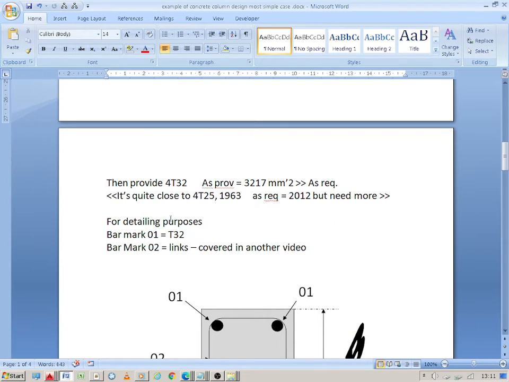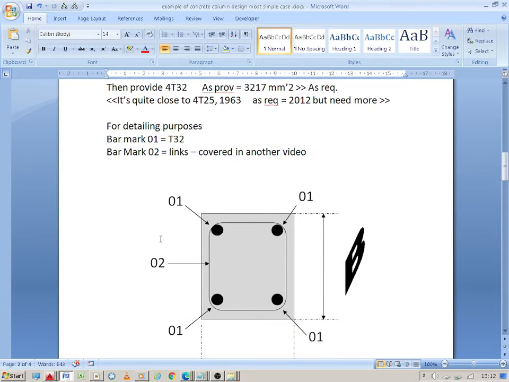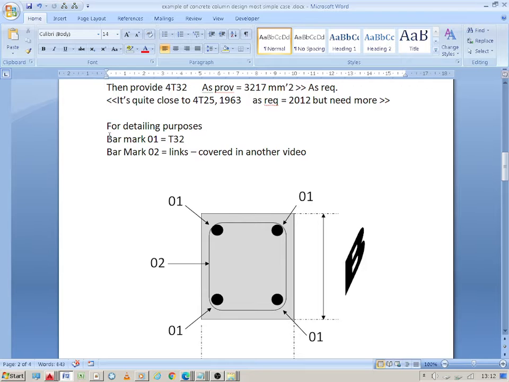So for detailing purposes, here I just drew out the section of the column to show what it would look like. So bar mark 01, we'd have 4T32 around the edges, and then a link to hold them together.